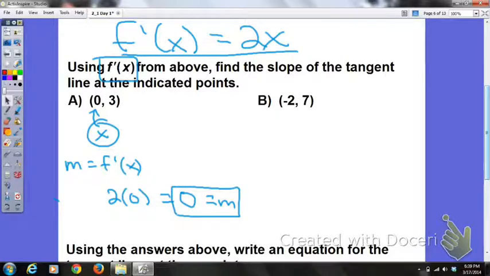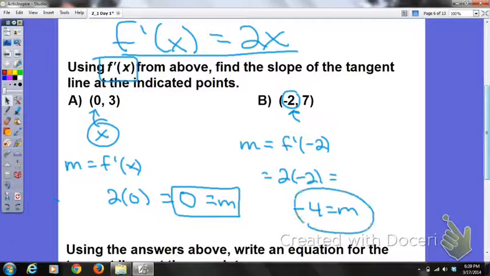I'm going to do the same thing for b. I want to find the slope when x is negative 2. So I'm going to take negative 2 and plug it into my f prime of x. So it's going to be equal to 2 times negative 2, which is equal to negative 4, is our slope at that particular point, negative 2, 7.